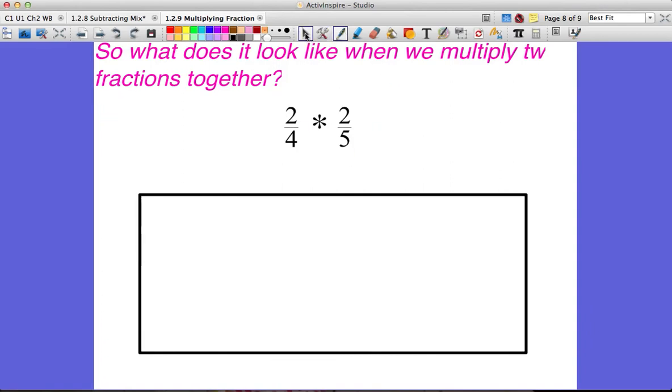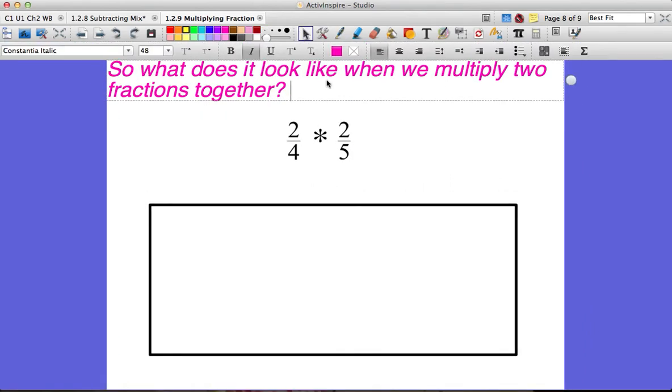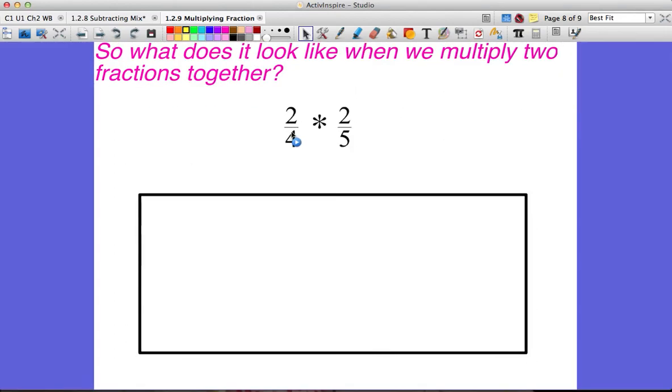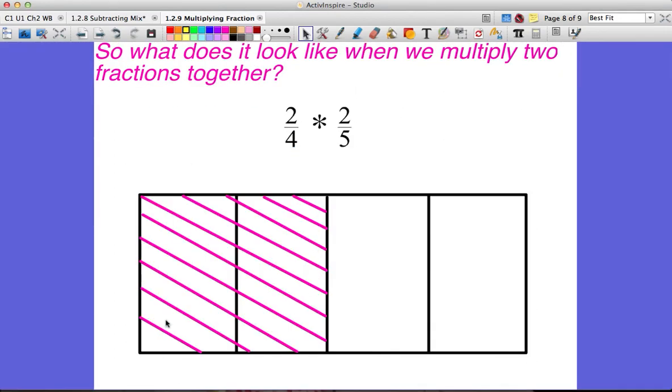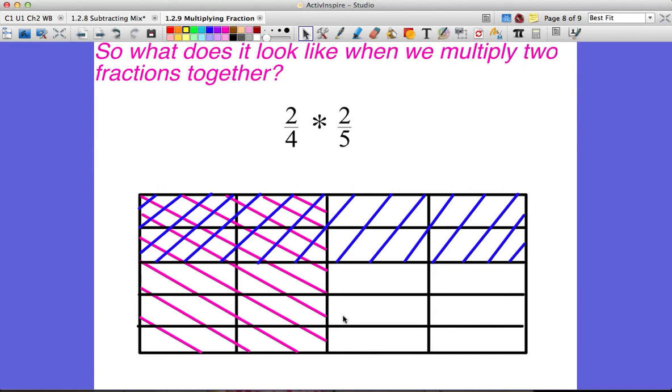Right? So again, if I were to do this again and take 2/4 this time, I split my whole rectangle into fourths. Now, I'm only using 2 of them. You can't think of these things as 2 wholes because they're not a whole rectangle. They're only 2/4 of the rectangle. And I'm multiplying it by 2/5 of the rectangle.